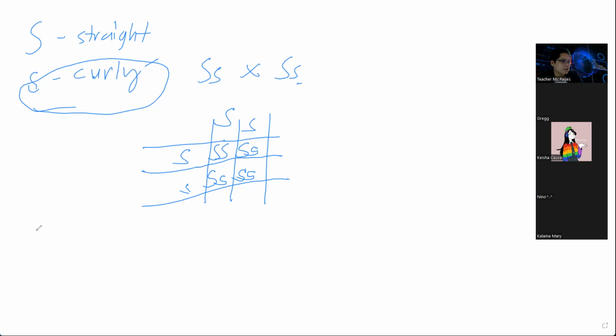So let's have the genotypic ratio. Let's check on their genes, okay, in the progeny, in the cross between a heterozygous male straight and a heterozygous female straight pair. Let's take note of this.